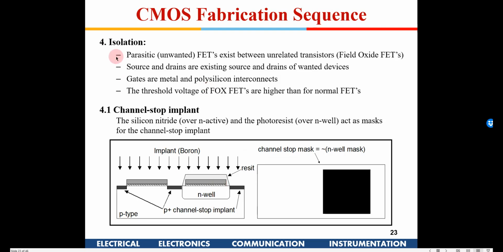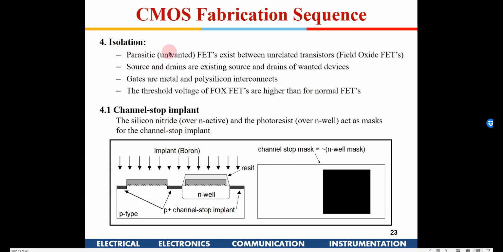Now isolation is the forming of a P plus ring across the P area where we are going to make our NMOS. So we implant boron, which will become a P plus ring. So one more mask will be consumed here, right? There are different masks for each step, different kinds of masks will be made.